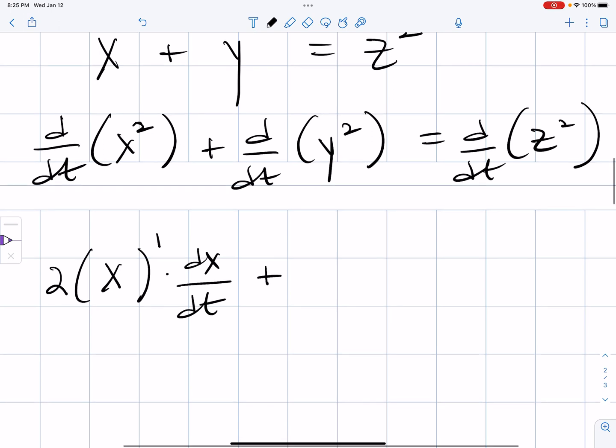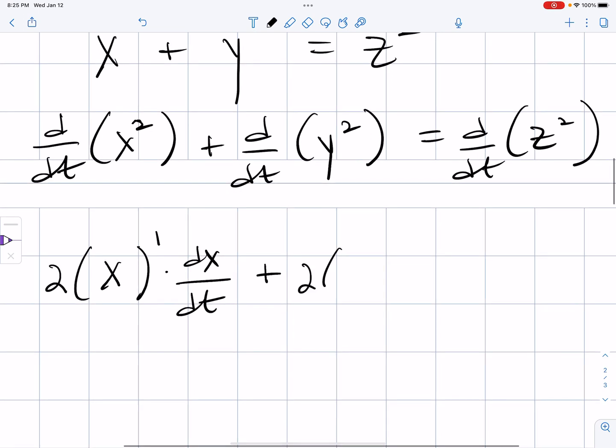Okay, then same thing for the y squared term. So bring the 2 down, subtract 1 from the exponent, leave the inside alone, multiply by the derivative of the inside with respect to t, which is dy over dt.